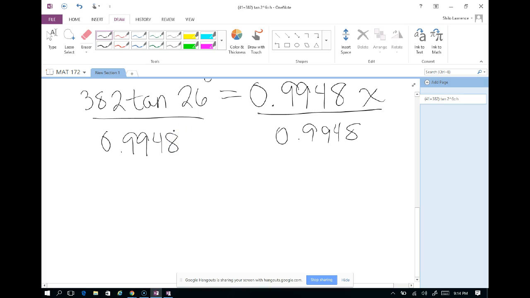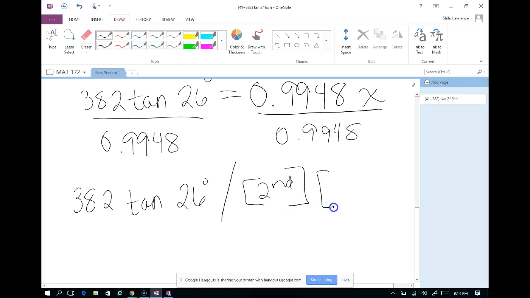So what I'm going to type in is 382 tan 26 divided by, and I'm going to tell the calculator to recall the previous answer. That way I'm not typing in a rounded number. And the way that you recall the previous answer on your screen is second and then the negative button, which is down near the enter and the decimal point button.